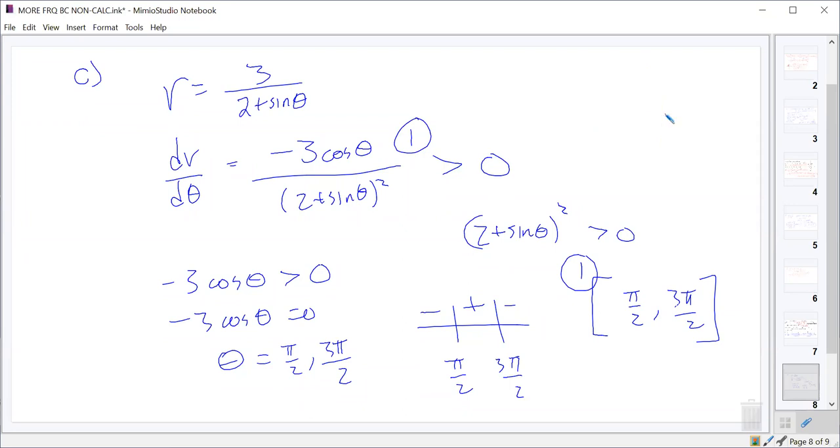Oh, just in general. Yeah, you could do that. That'd be fine. If you just say cosine is positive in quadrants 1 and 4, making 0 to pi over 2 and 3 pi over 2 to 2 pi positive, and it's negative in second and third quadrants, so the expression comes out to be positive from pi over 2 to 3 pi over 2. That's totally fine.